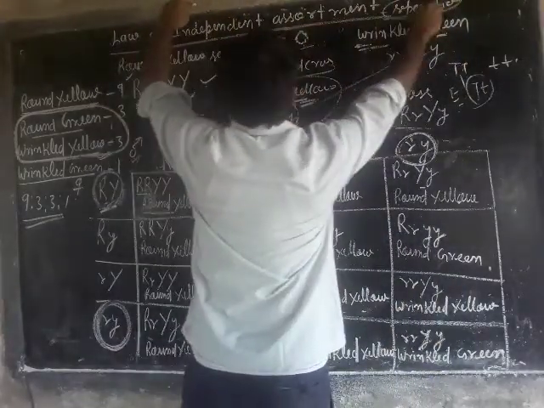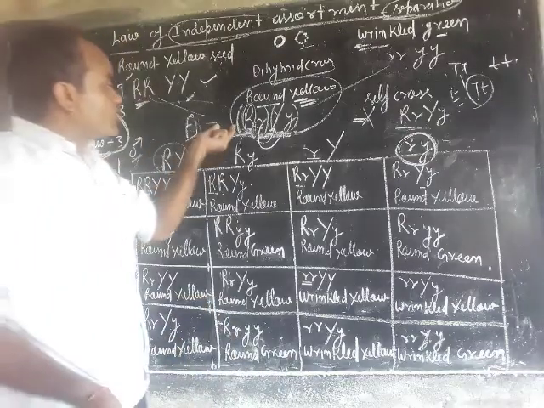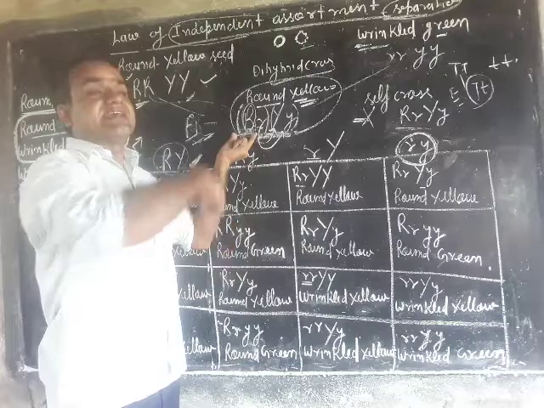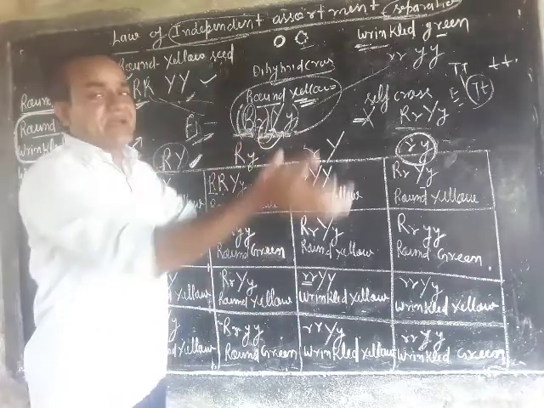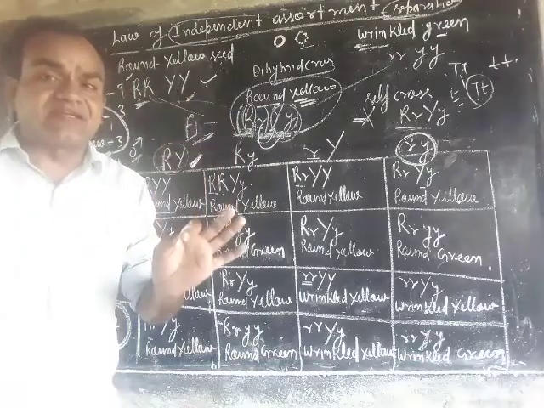Assortment means separation, independently means freely. Means one pair of traits segregates independently from another pair of gametes.